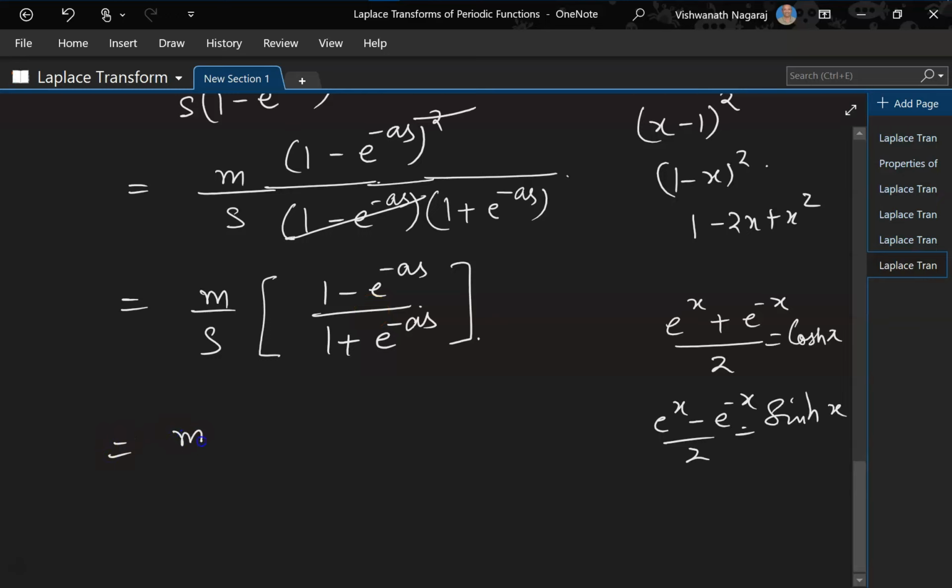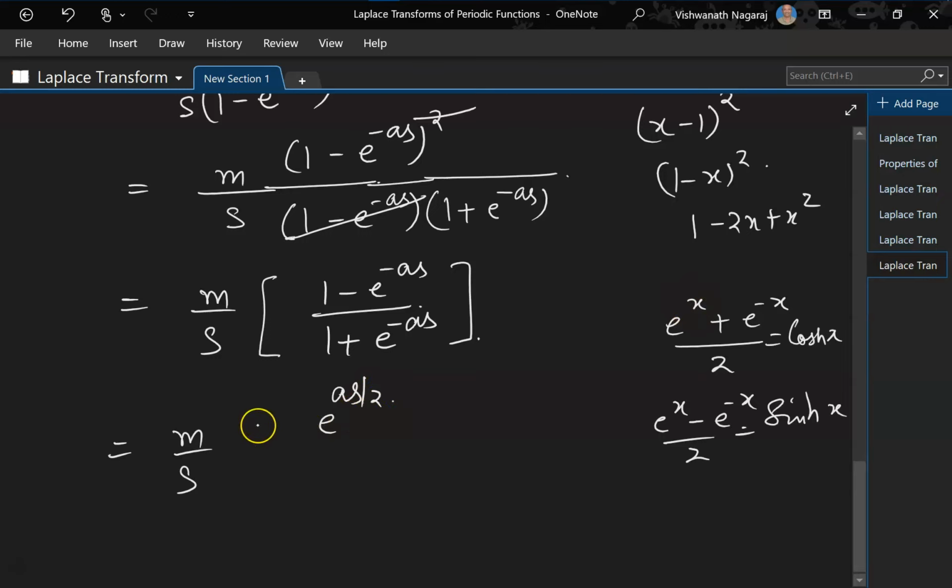So how do we bring it to that form? Let's take out this e to the power of minus as, or in other words, let's put in place of 1, let's put e to the power of as by 2, because that is what we want. We want a positive exponent.